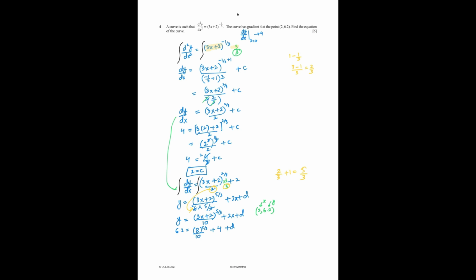You can simplify the whole equation with the help of a calculator. The value of d we will get is d equals negative 1. Alright, now we are going to place the value of d in our final equation. So now it will be y equals (3x + 2) to the power of 5/3 divided by 10, plus 2x minus 1, and that is your final answer.